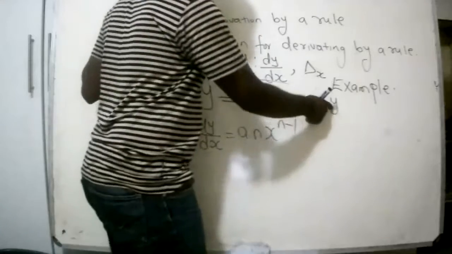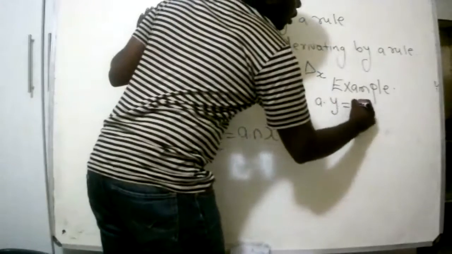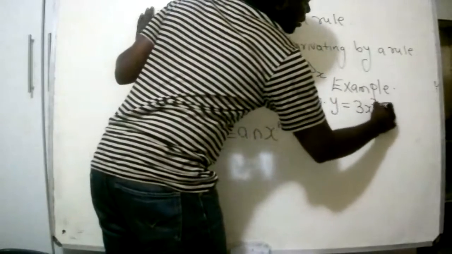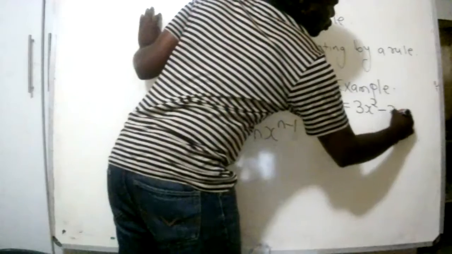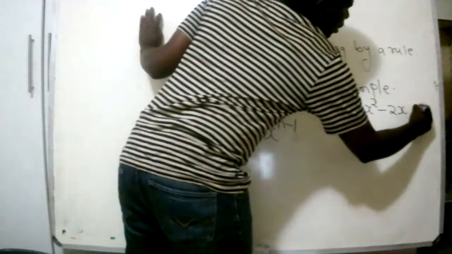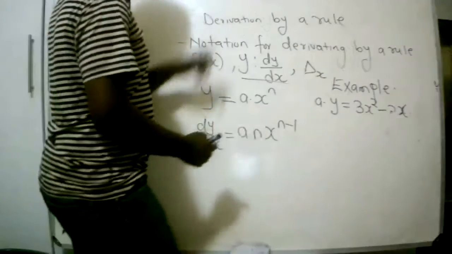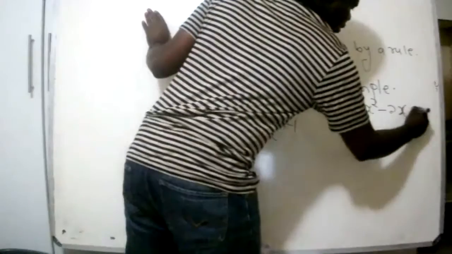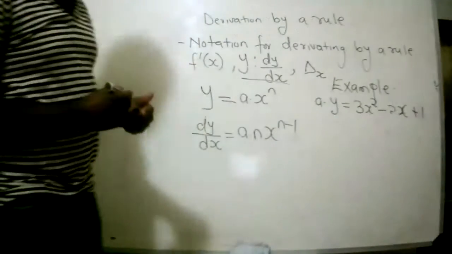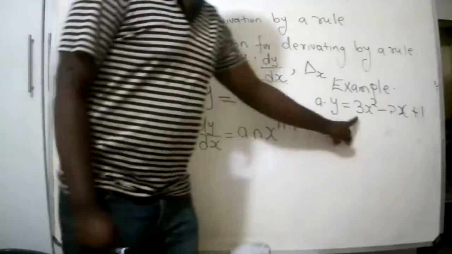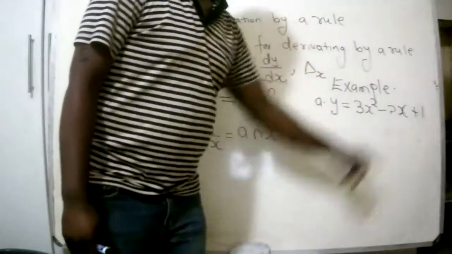When we have function y equal to 3x squared minus 2x plus 1. Let me explain about that 1 on the question. So this is a function we want to differentiate.